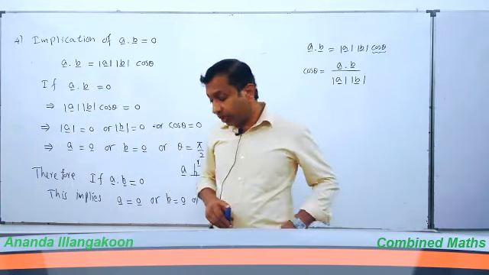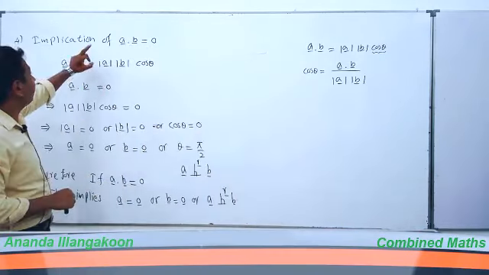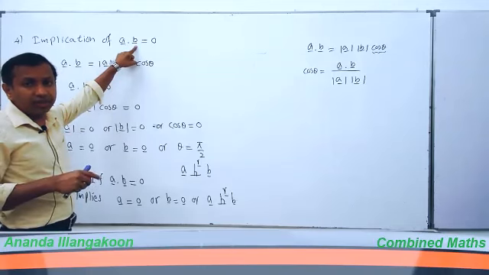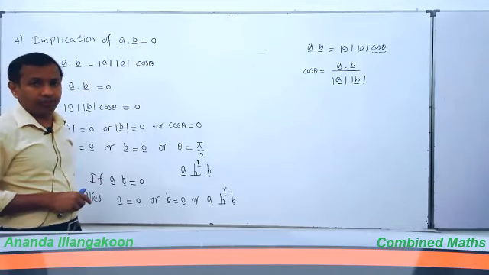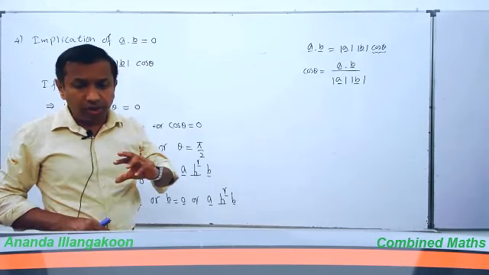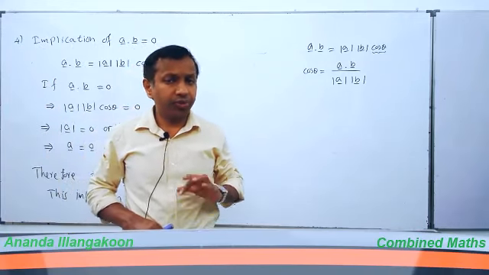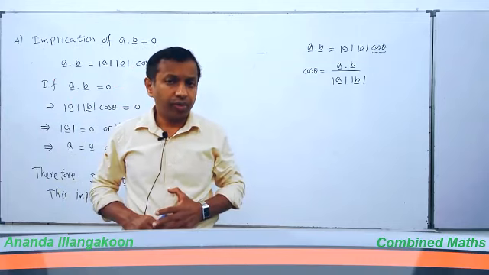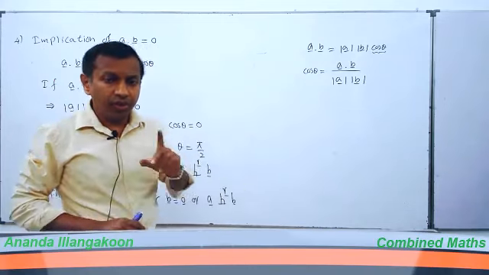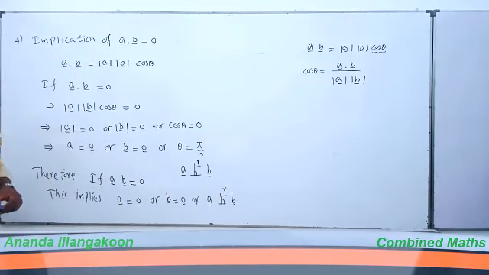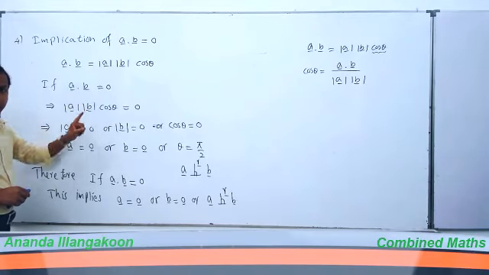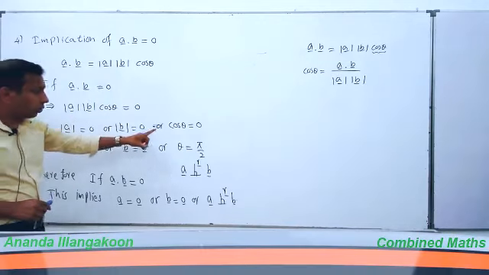But suppose A and B are not null vectors, and A dot B equals 0. Then what result can we take? The two vectors A and B are not null vectors, not zero vectors. Since A and B are not null vectors, A dot B equals 0 can occur under cos theta equals 0 only.